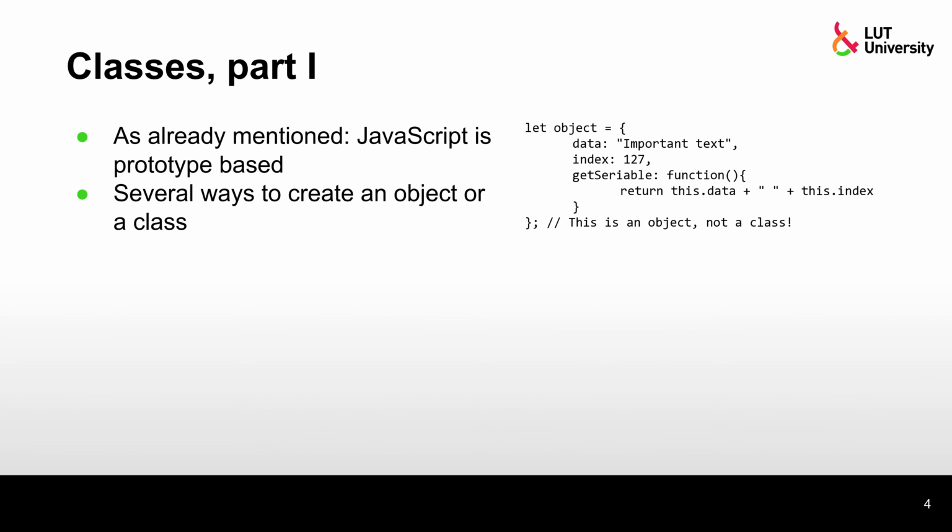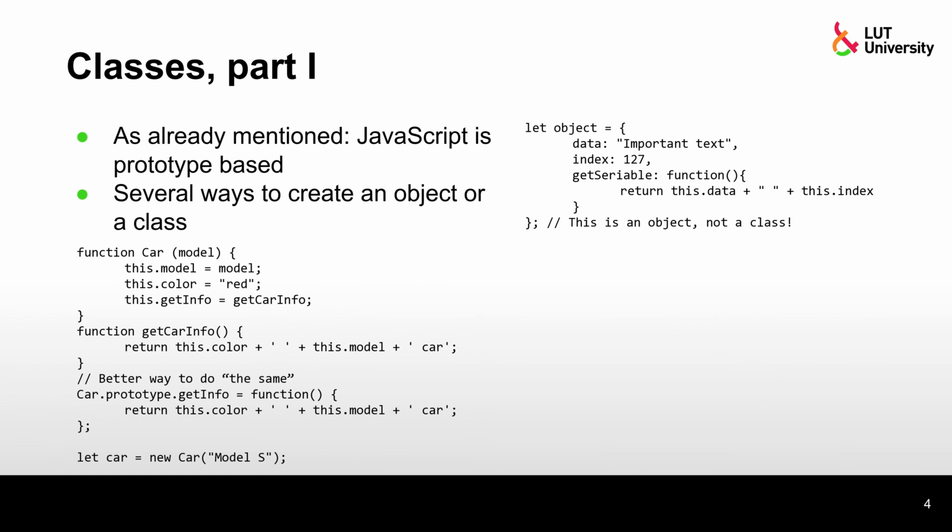And in this object we have a member variable data, a member variable index, and then a function getSerializable, which is returning this data and this index. So this is an object. You have created one object and there is no class to create a second object.